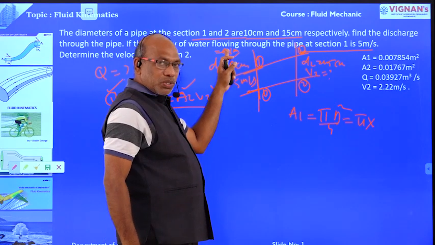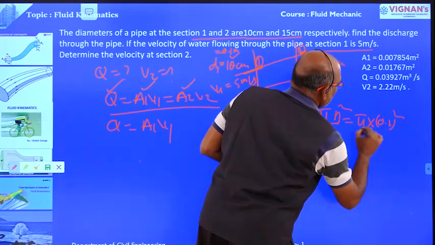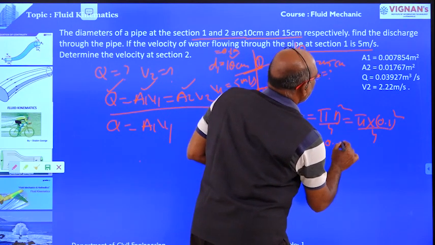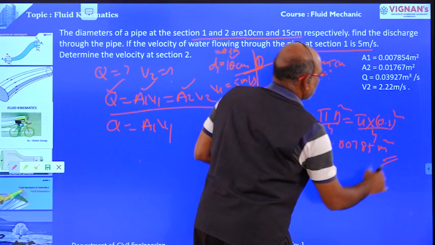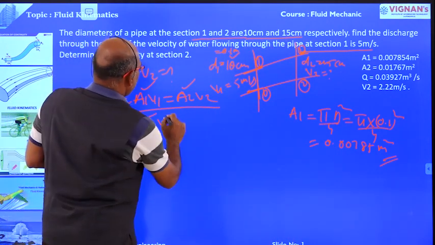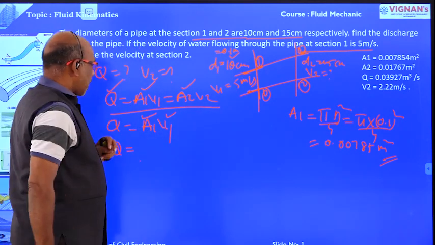Then the area is pi into 0.1 square divided by 4, which is 0.00785 meter square. Right. Then A1 is calculated.